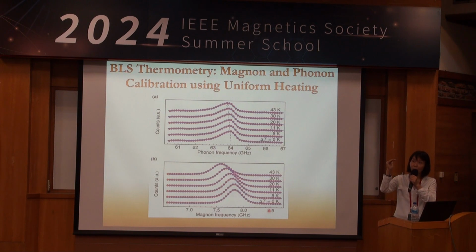Then I can control the heater stage temperature, and wait a long time so that the sample reaches equilibrium with the heater stage. So I'm doing these calibration measurements all under equilibrium conditions. The whole sample, either magnon or phonon, reaches equilibrium with the sample stage. So I measure under equilibrium how the phonon spectrum and the magnon spectrum change with temperature.